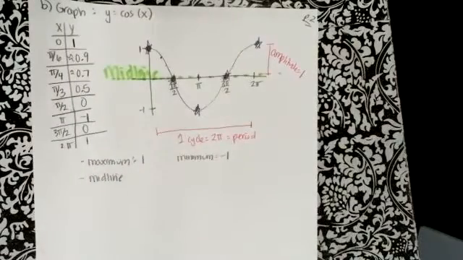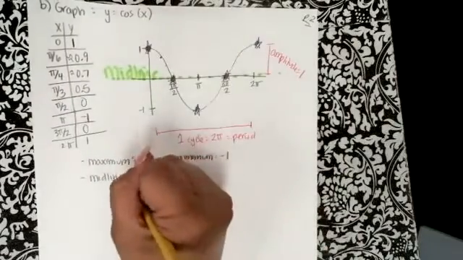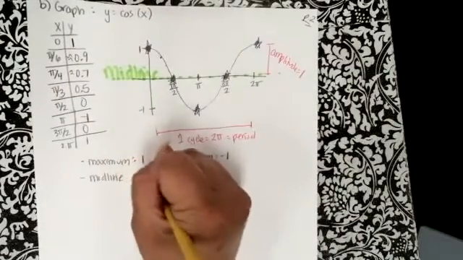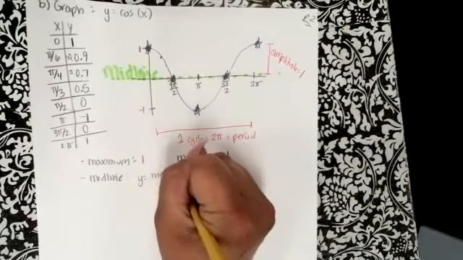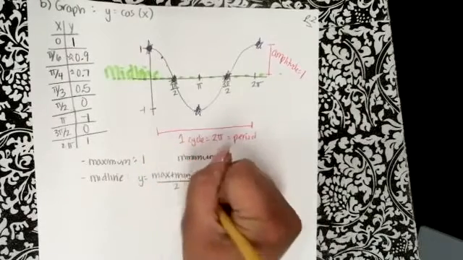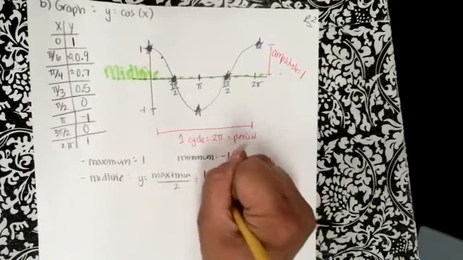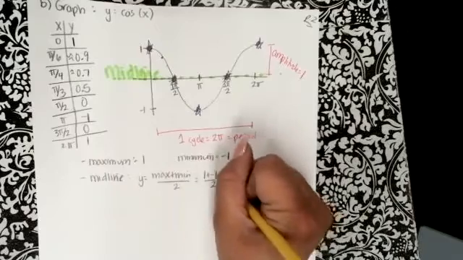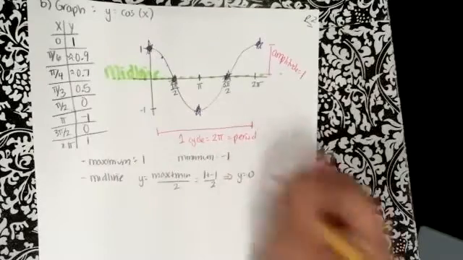The midline equation is y equals the max plus the min divided by 2, which is 1 plus negative 1 divided by 2, which once again is y equals 0.